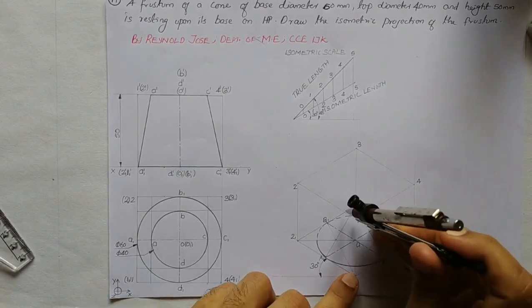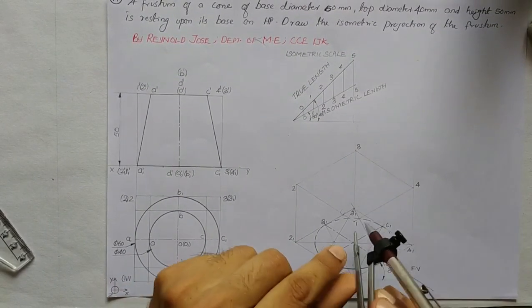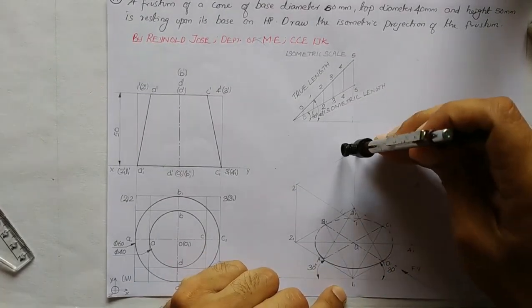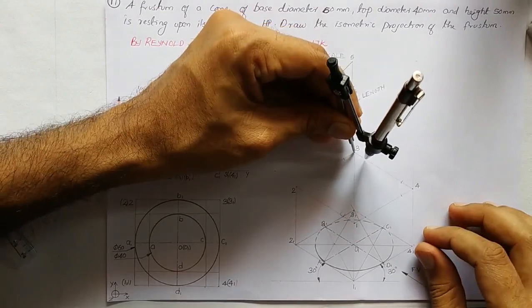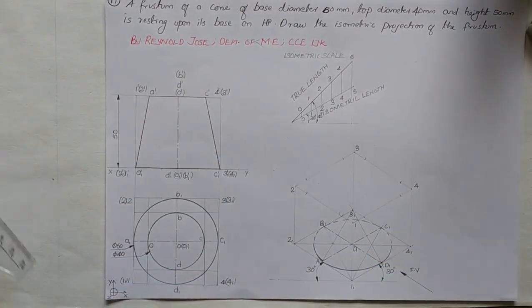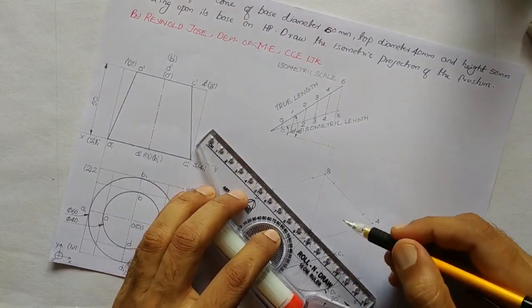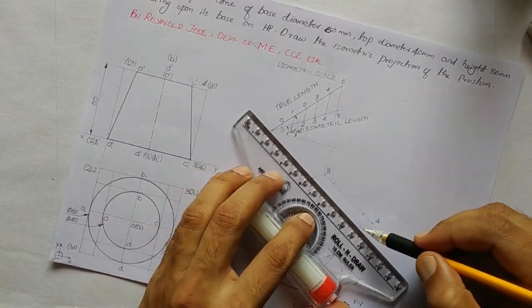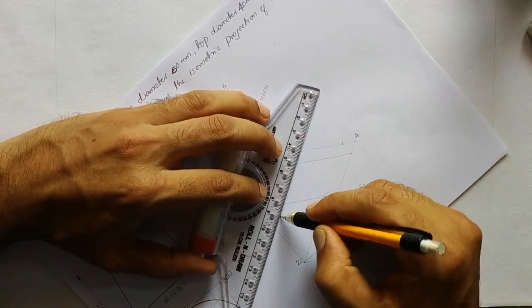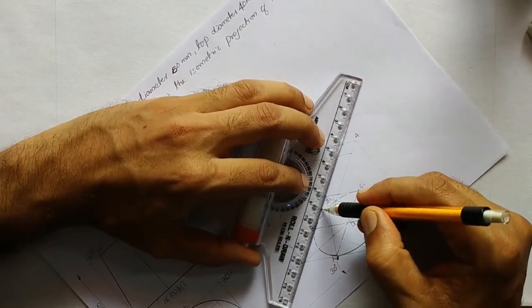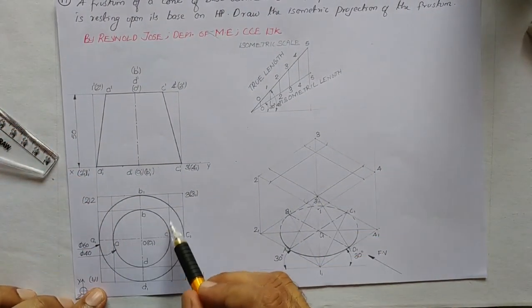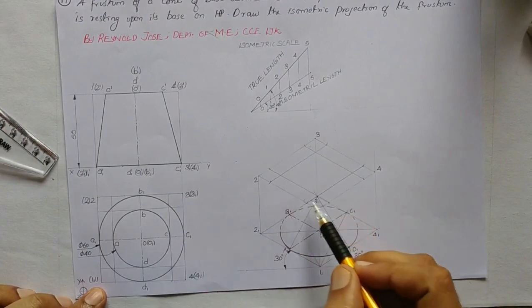So let us cut these points. So we are having the isometric of this smaller square onto the right hand side here.